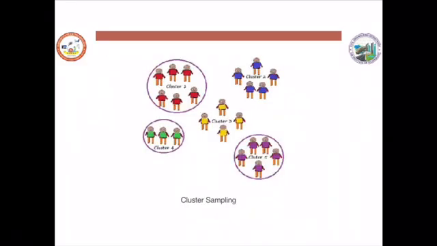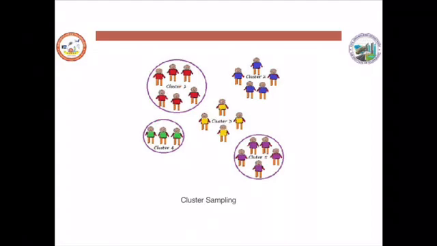Now, cluster sampling. When the samples are taken, we first divide the entire population into various clusters. For example, when you are collecting the details of the entire country, make each and every state a different cluster, and then the sample has to be taken from each and every cluster. As you can see in the picture, the total population is divided into clusters, which are nothing but groups.